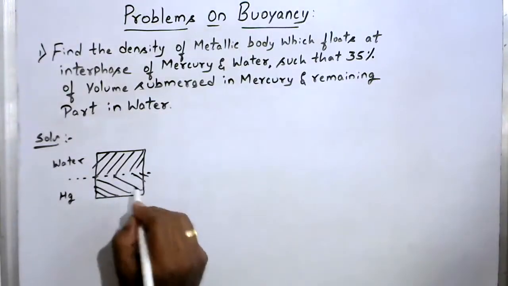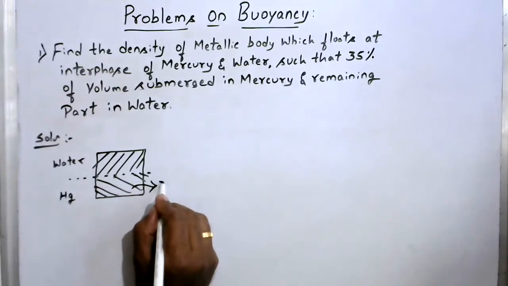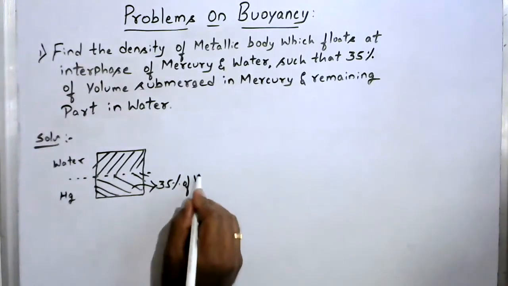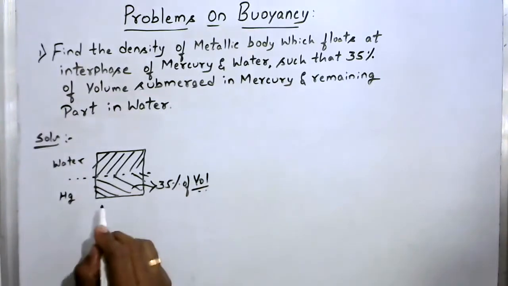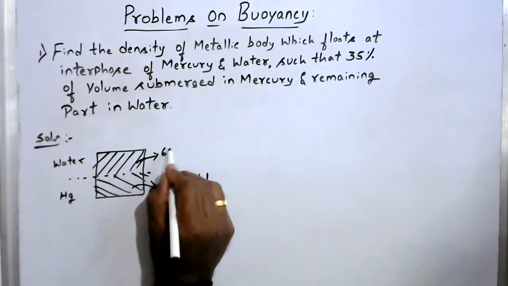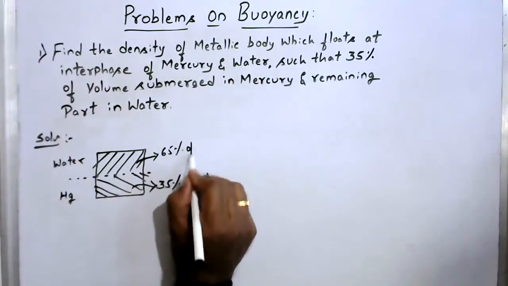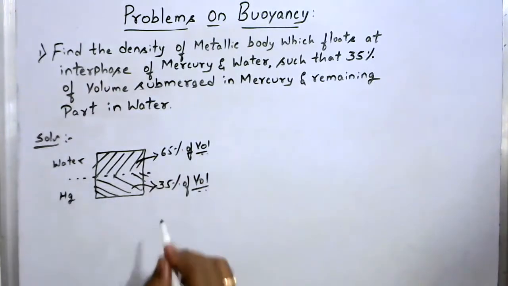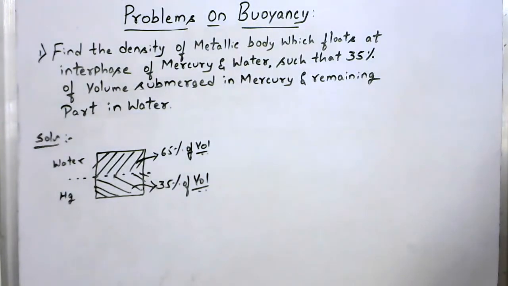He has given that 35% of the volume is in mercury. The remaining part, that is 65% of the volume, is in water. If I take 100%, 35% is in mercury, the remaining 65% is in water.